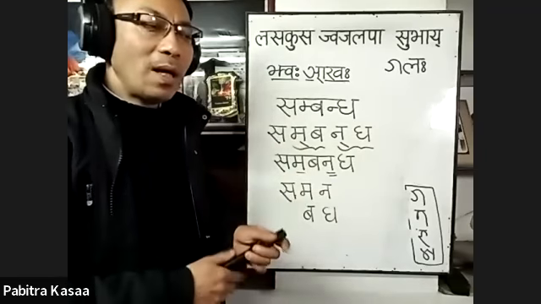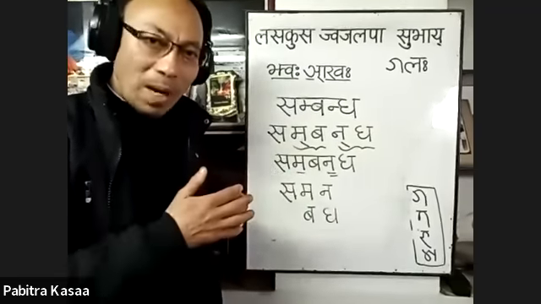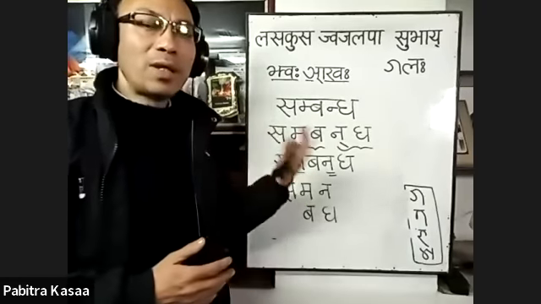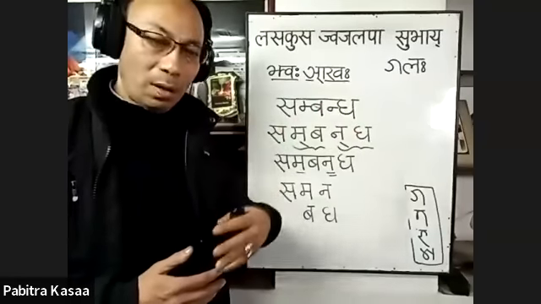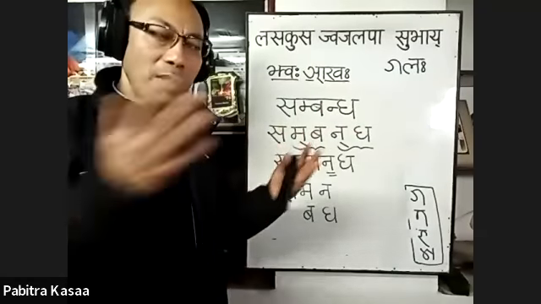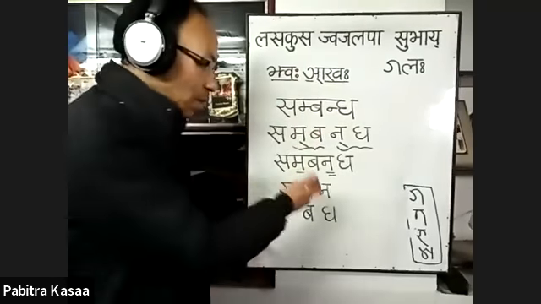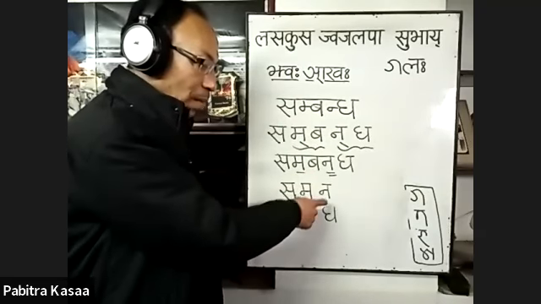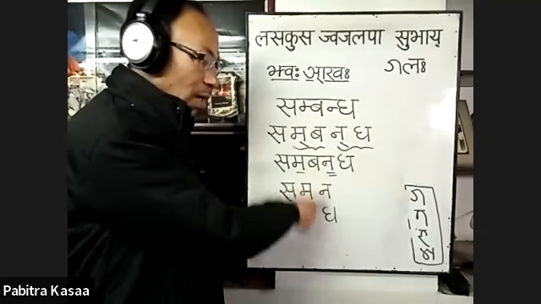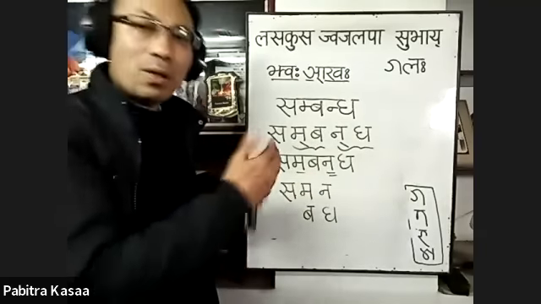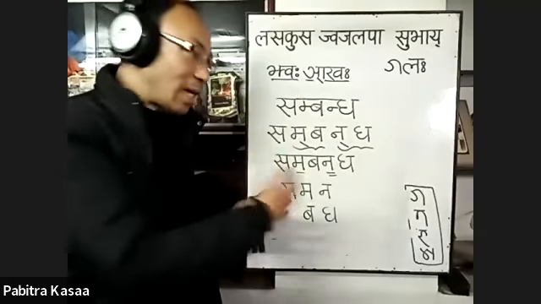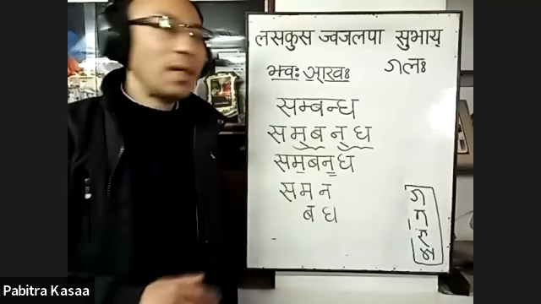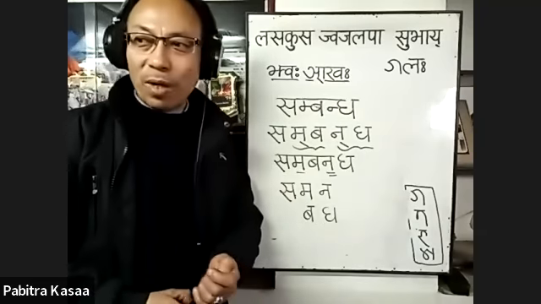If it is modugo akha, then how it is written, how it is combined. If it is momodugo akha, then how it is combined. If the two lines touching at the mo letter comes first, how it is joined with the other letters. If the single line touching at the mo letter comes first, that means this has two lines touching at the mo letter first, and the other is single line. But here, both are the single line touching at the mo letter. So how these are joined? It has rules. All you need is to understand the rule, and you can do it yourself. That is what we are going to learn tomorrow.